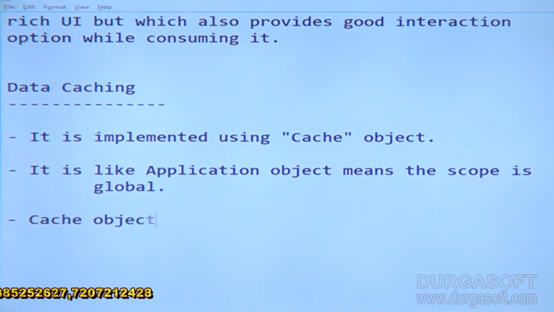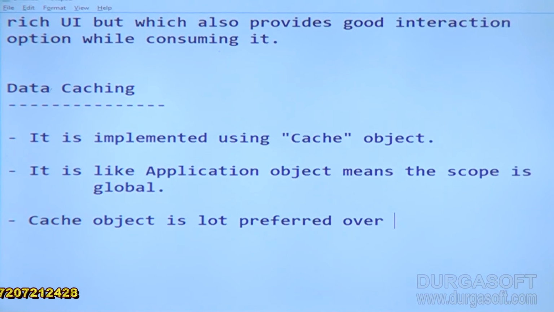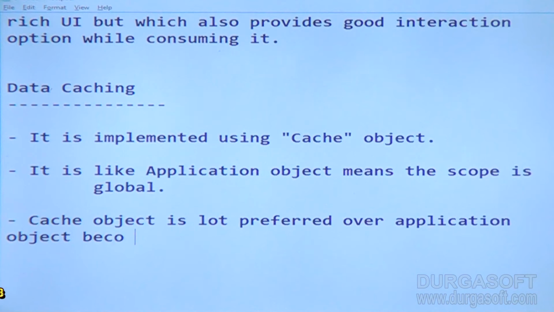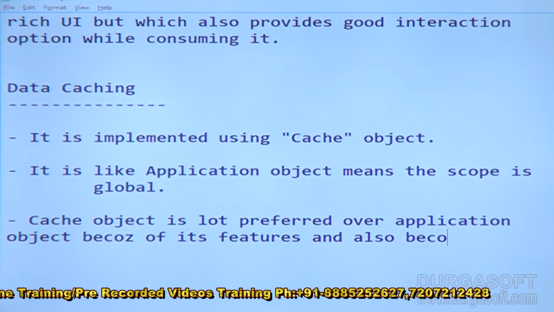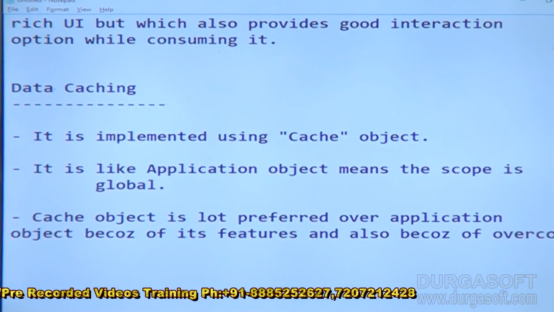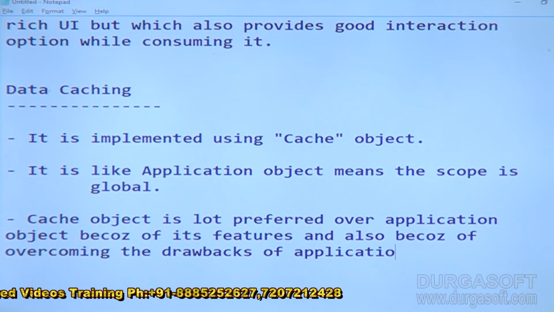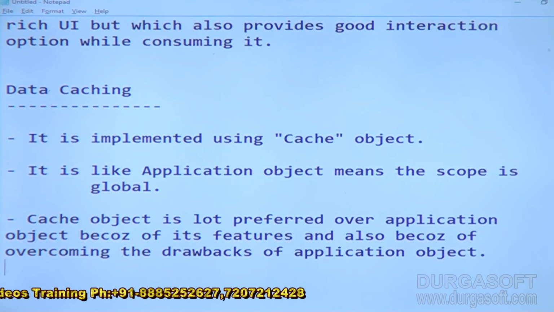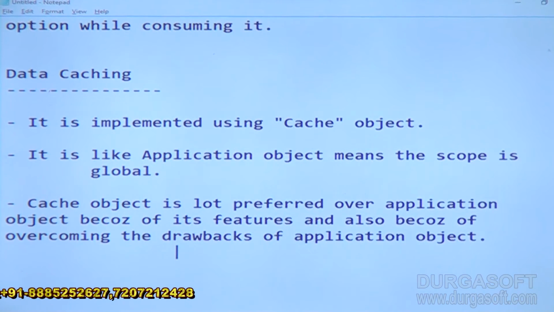The Cache object is much preferred over the application object because of its features and also because of overcoming the drawbacks of the application object.